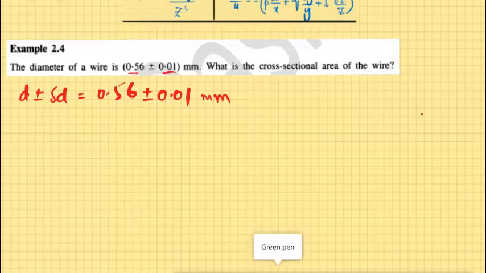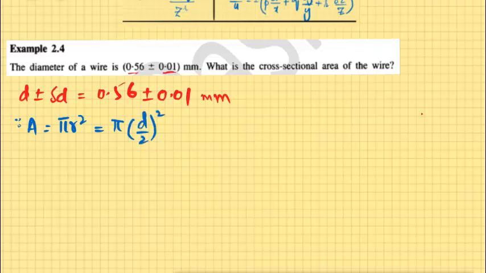We all know that the cross-sectional area is given as pi r square, but because I've been given the diameter, I'll make my equations in terms of d. In place of radius I can write d over 2 whole square, and this makes my equation area equal pi over 4 times d square.